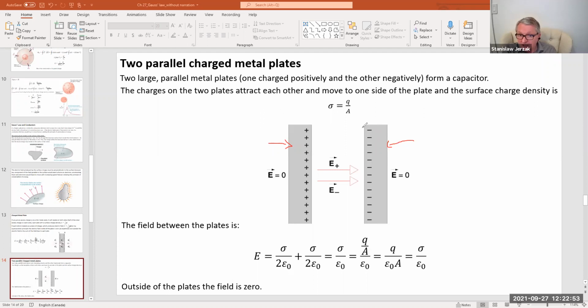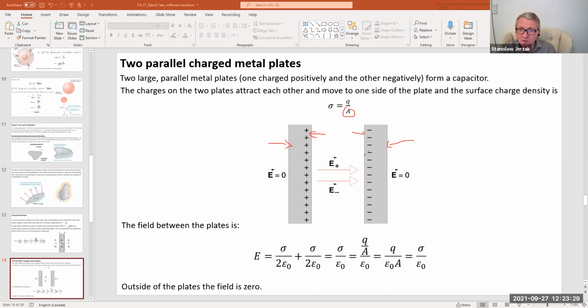All that excess charge will be only on this side, you see, because positive charge and negative charge attract one another, and electrons will move in such a way that on both sheets of metal, the charge will be on these opposing sides, this side and this side, nothing on the outside, because charges attract one another. So the density of charge will be Q, the total charge which you put on each sheet, divided by area A, which is the area of one side of that sheet.